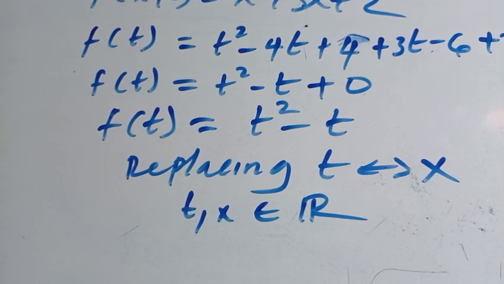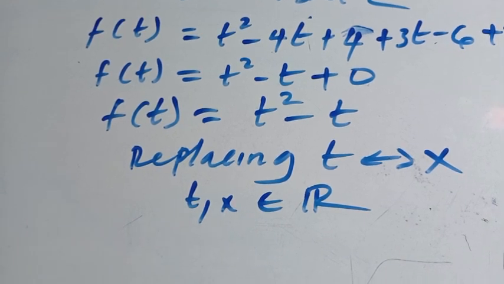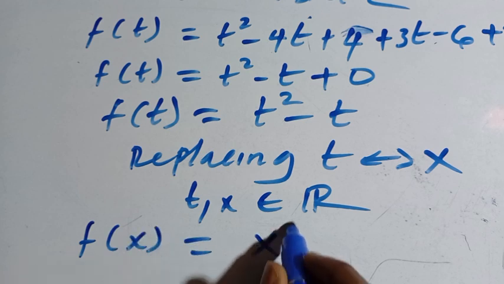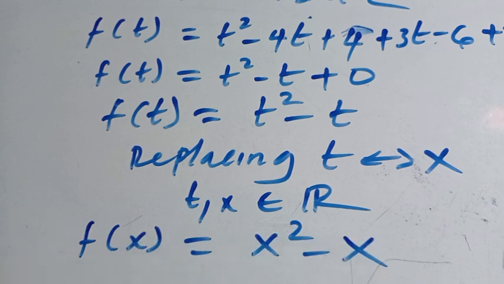So we know that both of them are real numbers, so it is easy for us to switch and replace it with the letter x. Therefore we have f of x equals x squared minus x. So we get the same thing as the first method that we applied, x squared minus x. So this is how to solve this problem.